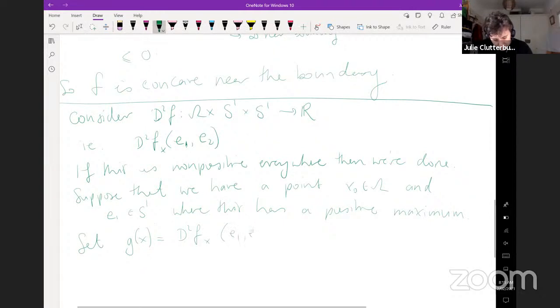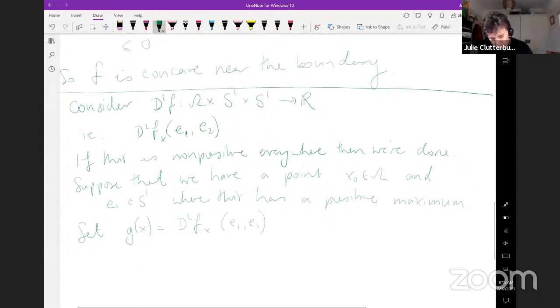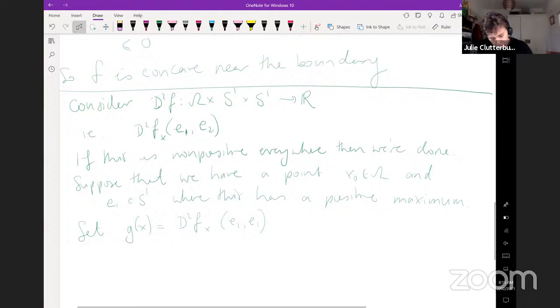So what I'm doing here is I'm starting off with the Hessian and saying, let's suppose it's got a maximum in some particular direction. And then I stop thinking about it as a function defined on the tangent space, and I go back to thinking about it on the domain omega, but restricting it to that direction in the tangent space.